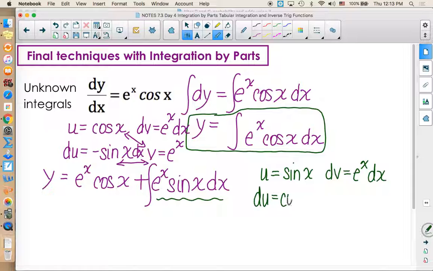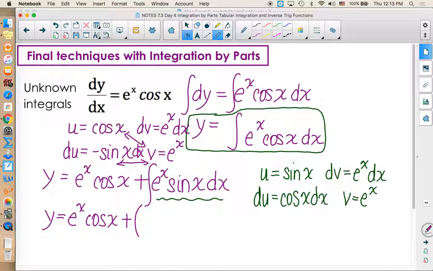My du is going to be cosine of x dx. My v is going to be the integral of e to the x, which is e to the x. So when I put this together and evaluate this, you have e to the x cosine x plus everything that comes out of this integral.